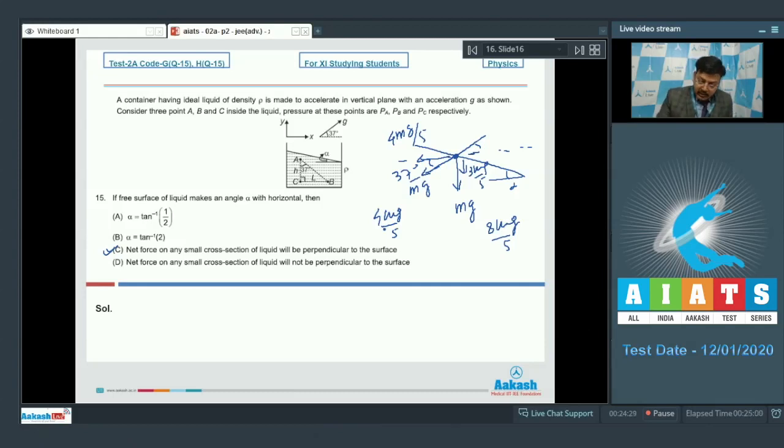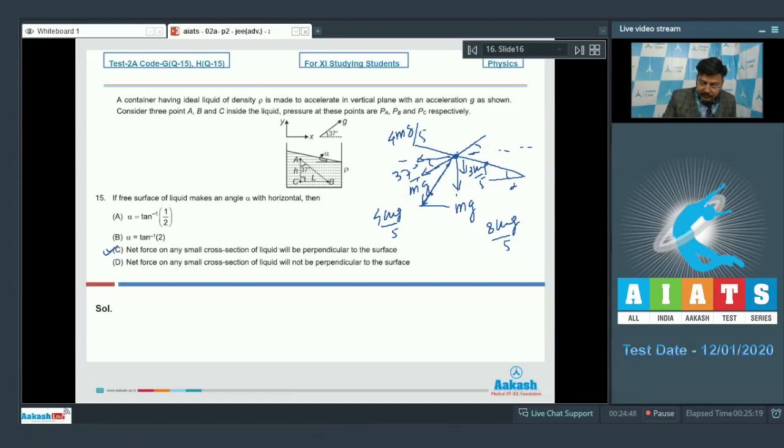Now the resultant of these two forces will be perpendicular to the surface. That is the whole idea. So if I draw the resultant of these two forces, this is normal to the surface.